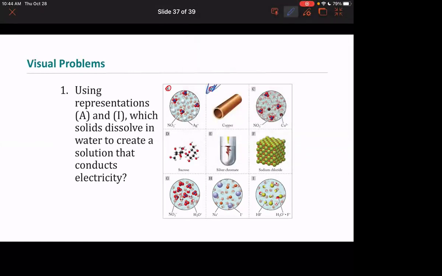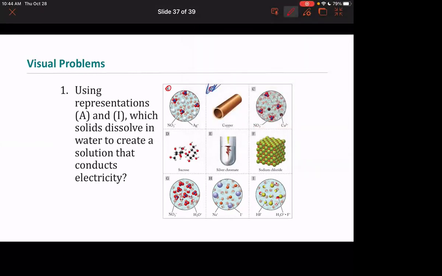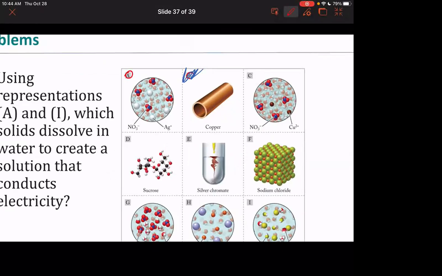So just A. How about C? That's copper nitrate. Yeah, we definitely want that. D. No, it's a sugar, right? So it's not going to form any ions. It's going to be sucrose.